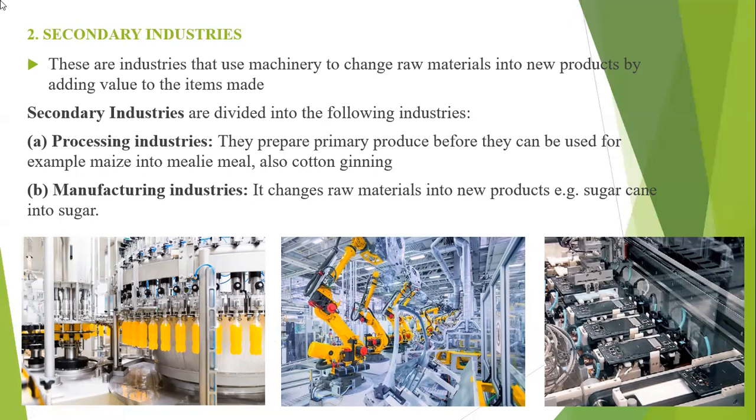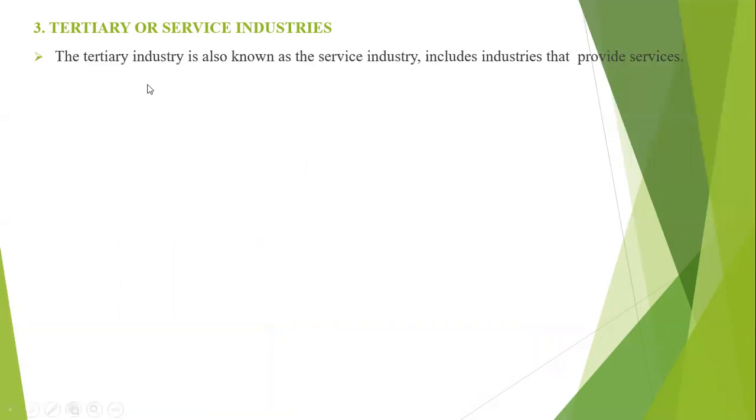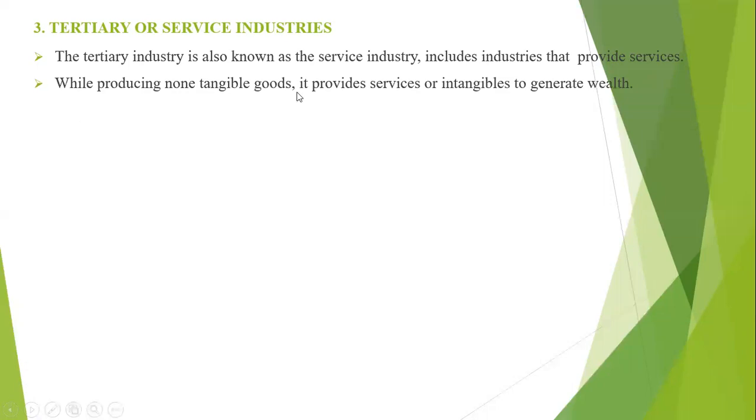secondary industries. Now, let me take you straight into tertiary or service industries. Now, service or tertiary industries include industries that provide services. Now, when we talk of provision of services, we are talking about producing non-tangible goods.